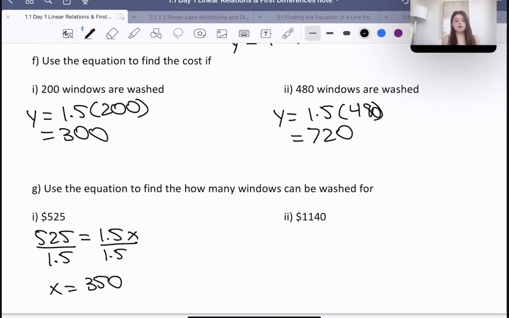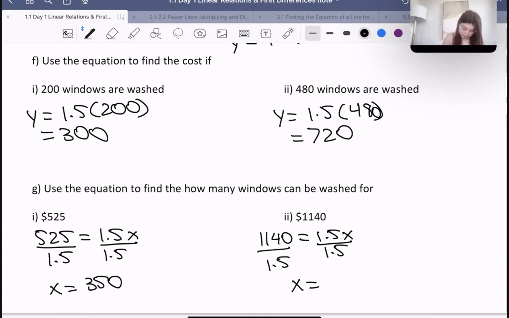Okay, very good. Now let's do the same. 1,140 is equal to 1.5 times x. So if we divide both sides by 1.5, we get that x is equal to 1,140 divided by 1.5, which is equal to 760.